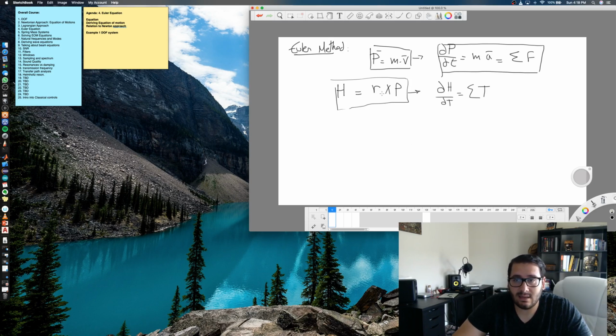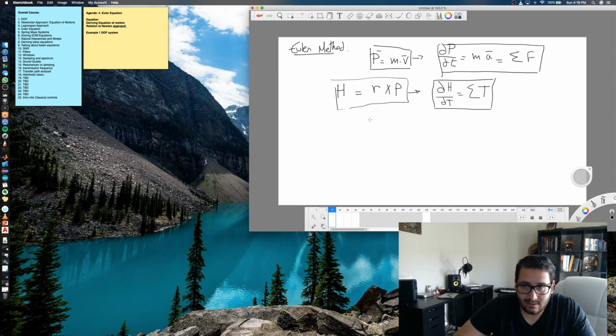Again, this is a very powerful method. If you followed what I did here, I took the derivative of the momentum, which gave me the force, and then I'm multiplying the force by some distance, which gives you a moment. So that's Euler's famous and very powerful equation.